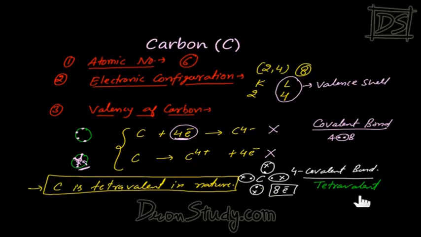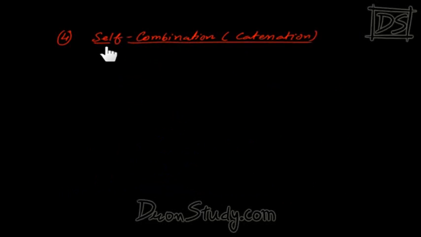Apart from this, the next property of carbon is very important, which we know by the name of self-combination or catenation. I am giving you an example of a compound of carbon which we call C8H18. Its name is octane. We will deal with this in this chapter afterwards. This is the main component of petrol.